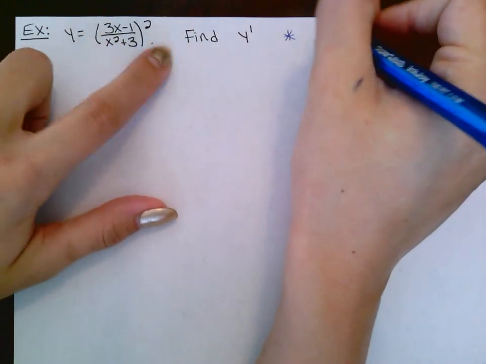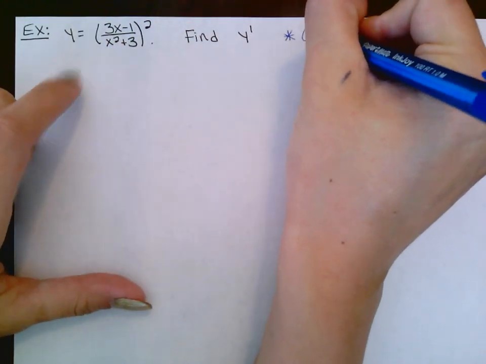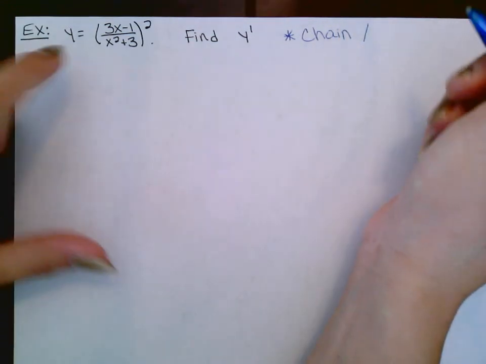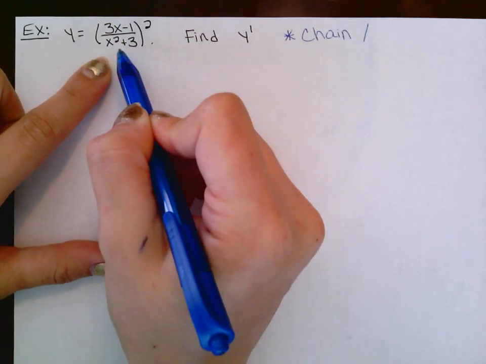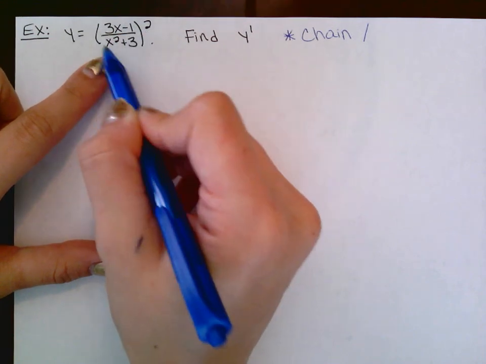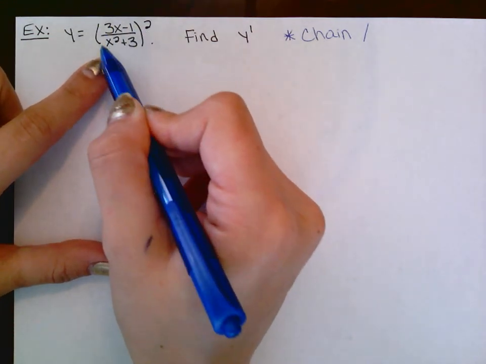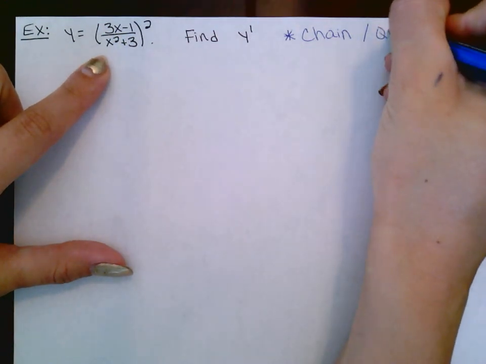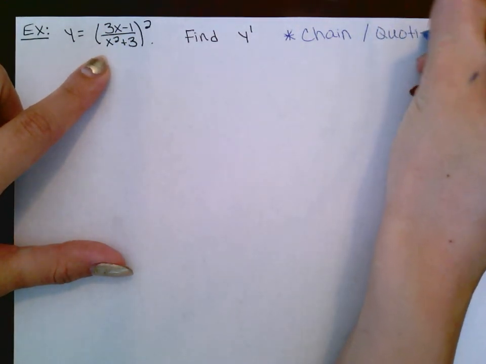The inside and the outside is the first thing you see, meaning chain is the first thing that's going to happen. Okay, so I'll do derivative of the outside, rewrite the inside, times derivative of the inside. When I go to do derivative of the inside is when I have division, which is why I'll have quotient then, okay?